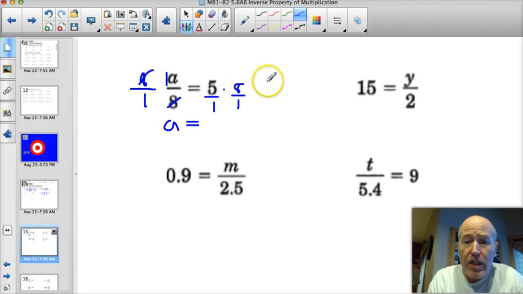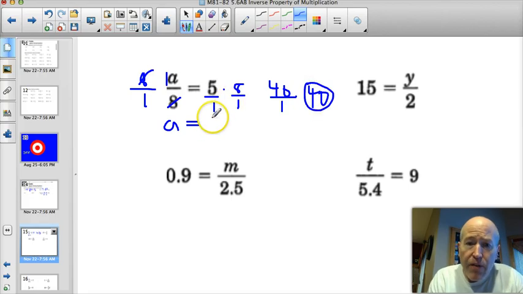I can multiply this 5 times 8. That gives me 40. And then 1 times 1 is 1. Well, 40/1 is just 40 divided by 1, which is 40, correct? So I found out that a then equals 40.